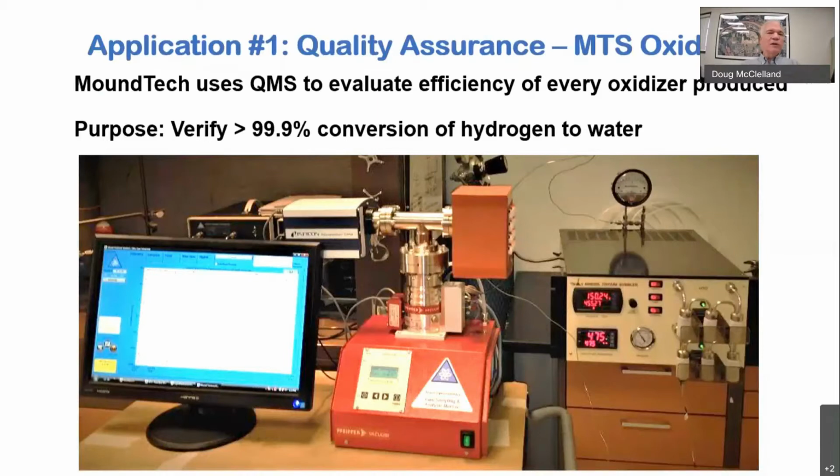Every one of our products goes through this evaluation. This is an illustration of the mass spec evaluating the oxidizer in one of our products. The purpose is to verify and certify the product is doing better than 99.9% conversion of all hydrogen coming in into water going out.